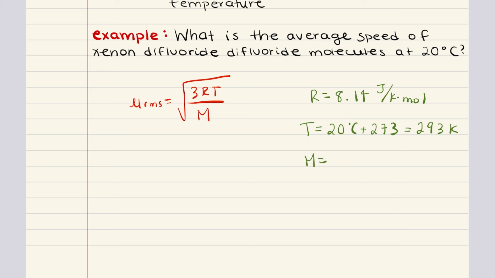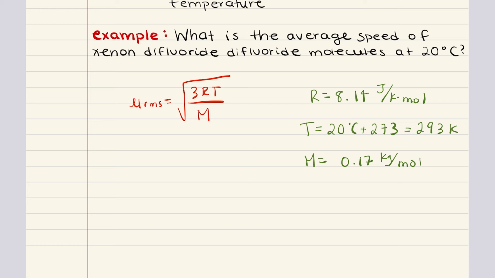But here, molar mass has to be expressed in kilograms per mole because joules are also derived from kilograms, and we want those units to cancel out appropriately. So the molar mass that we're going to write here for xenon difluoride is 0.17. We're approximating 169 here to 170 and then dividing by 1,000 to get 0.17 kilograms per mole.